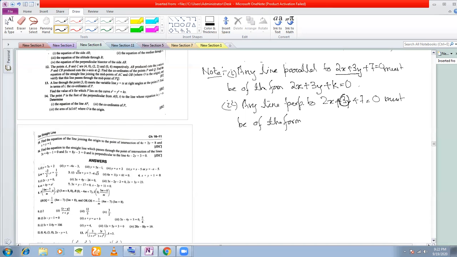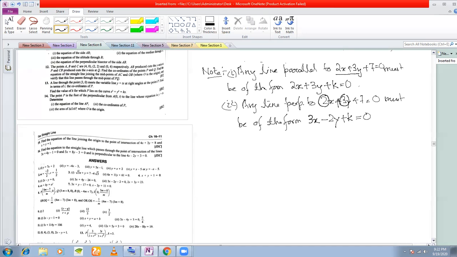You make the y coefficient the x coefficient, so this will be 3x. And the x coefficient that you have here, 2, you make it the y coefficient and you change the sign, that is 3x minus 2y, and the constant will be different. So that is how you find the equation of any straight line that is parallel or perpendicular to another straight line.